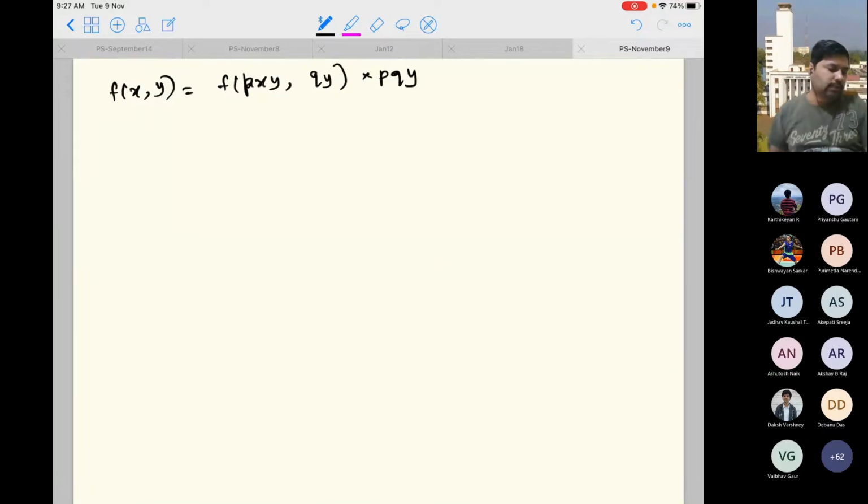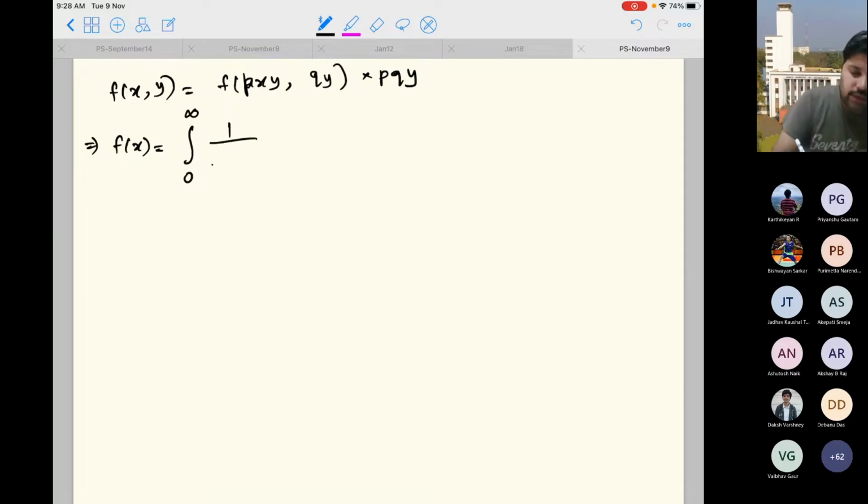So wherever I see u, I'll replace u by pxy, and wherever I see v, I'll replace v by qy, multiplied by the Jacobian. I want the density of x, so I will integrate out y. So the marginal, that's what I'll find out.